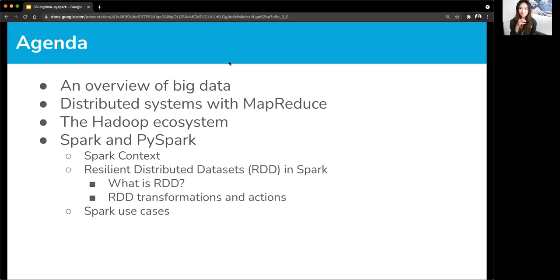We're going to talk about MapReduce, which I would say is the main differentiating process between what we do and big data processes. We'll talk a little about Hadoop, because Hadoop is the software and hardware that is used to do distributed computing for big data. And then we'll talk about Spark and PySpark.